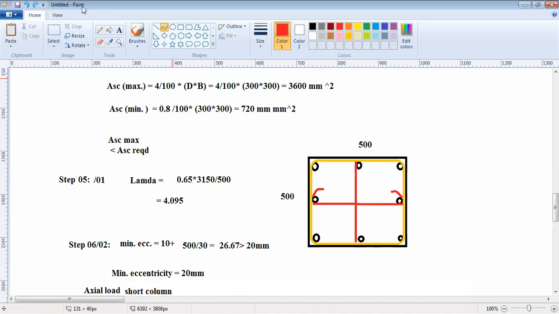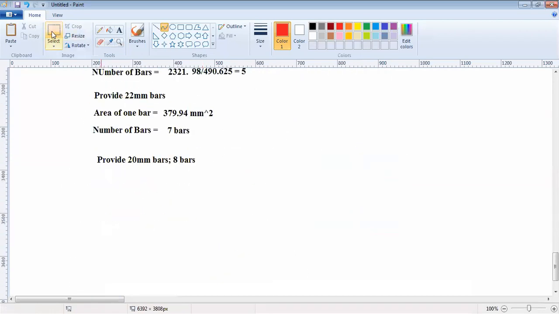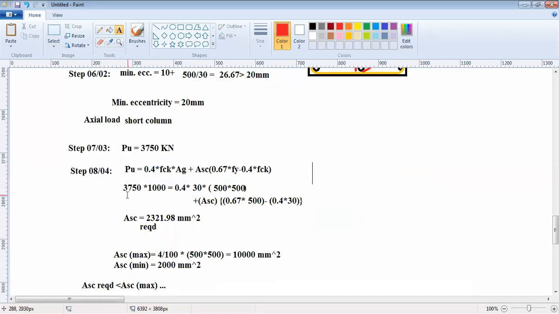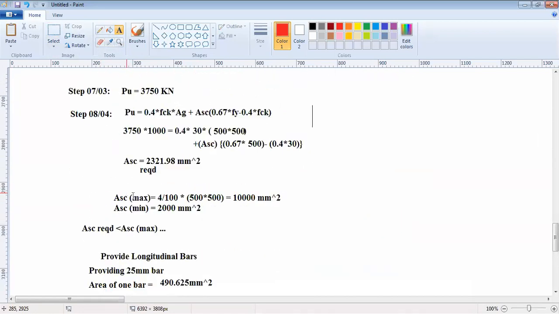Similarly, you provide at this location. Now, these are the cross ties you have to provide. Now, we have to design those cross ties. So the next step is you will again rejoin this.